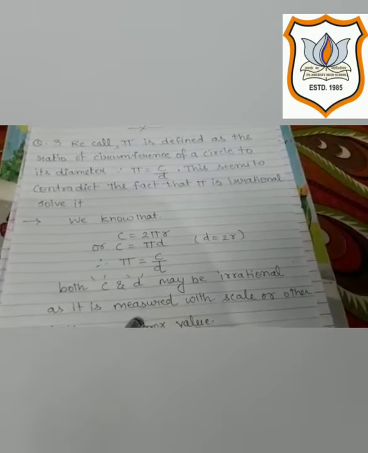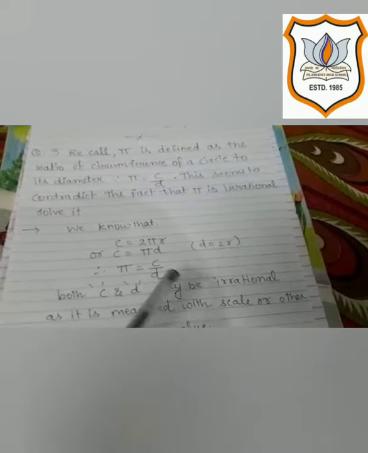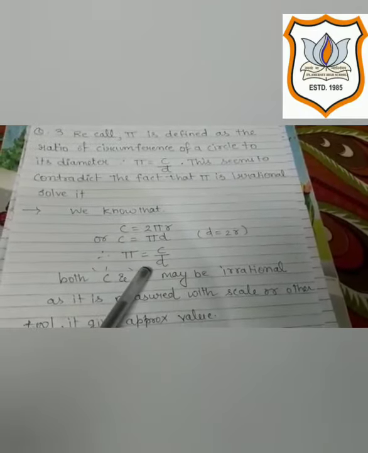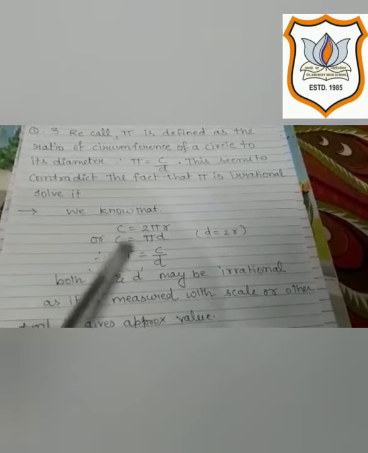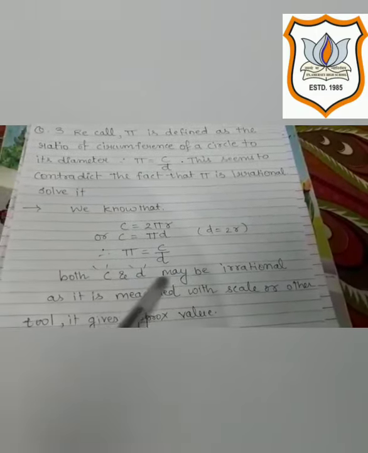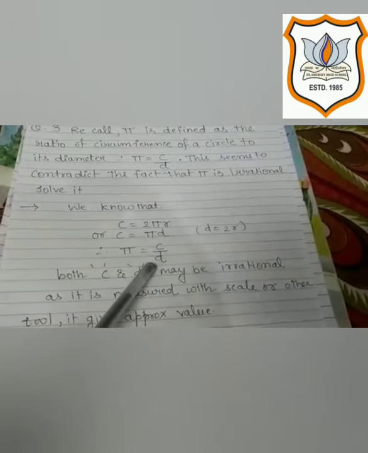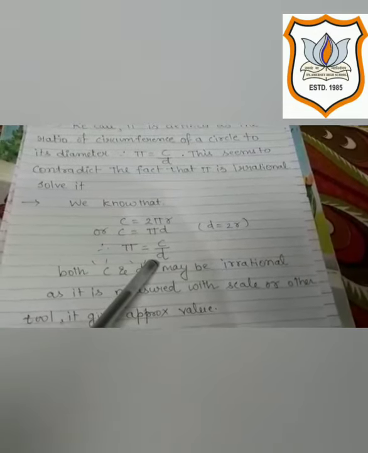The answer may be 3.248967. So it may be C and D both are irrational. And hence there is no contradiction in this answer, that if pi is irrational, C or D can also be irrational numbers.